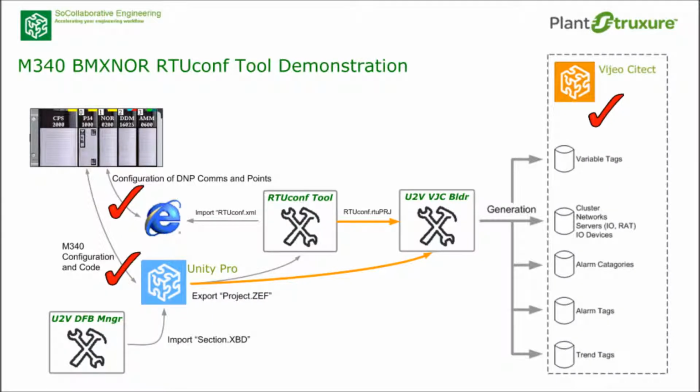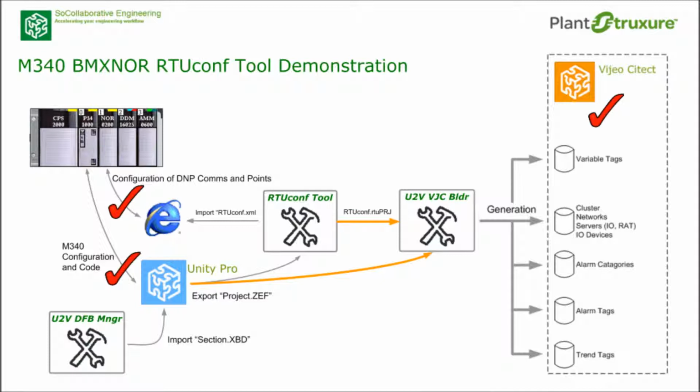I began with a Unity Pro project only containing a configuration. I used the U2V DFB Mngr to create code for the M340 CPU, and then used the M340 BMXNOR RTUconf Tool to create the M340 DNP3 database for the BMXNOR module.